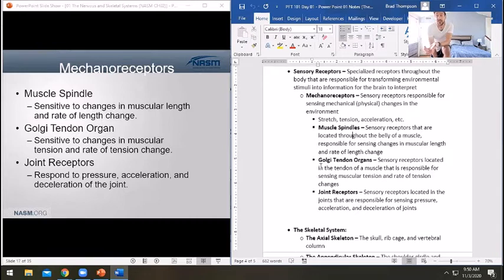It's there to protect your muscle and keep it from being overstretched. So it might send a signal to the brain saying, hey, we're getting pretty stretched out here, you should probably contract a little bit so that we don't stretch any further. Then your body tries to find a way to shorten how much that muscle is being stretched out.